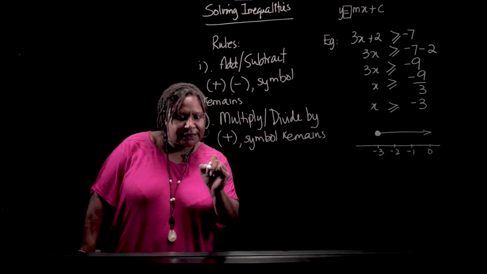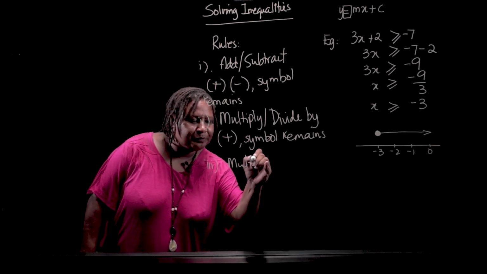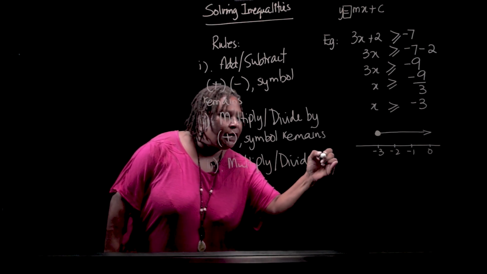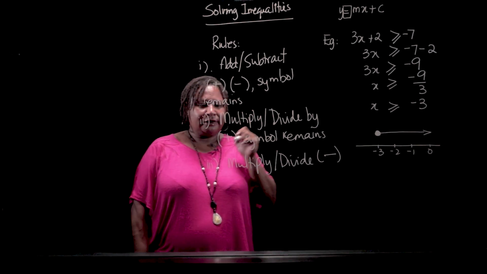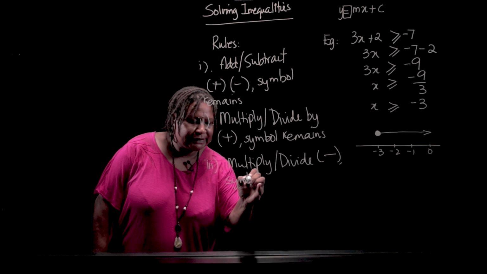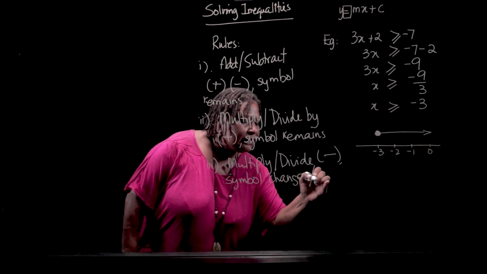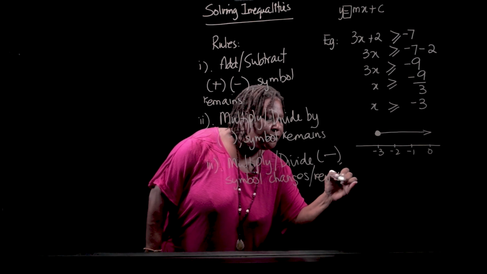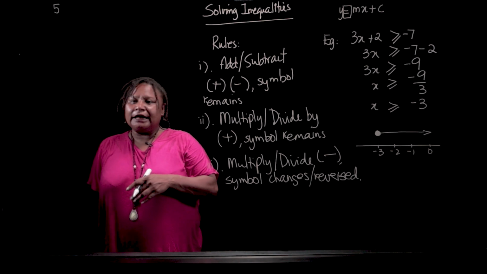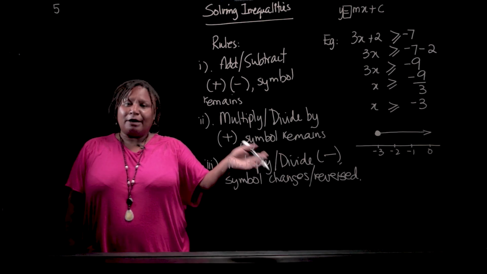However, the third rule states that if we multiply or divide by a negative number, the symbol will be reversed. Okay, symbol changes or it is reversed.